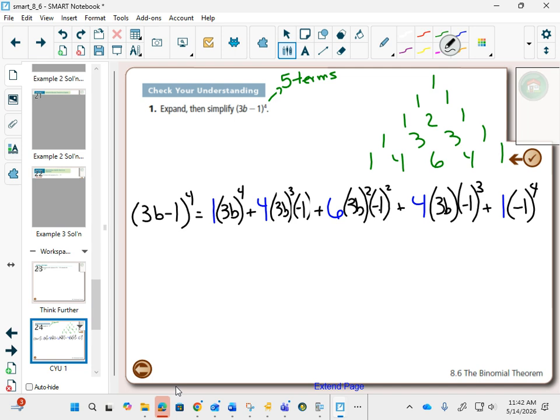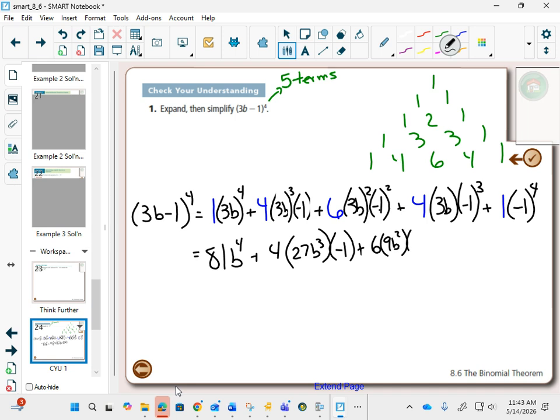This says expand. This is expanding. And it says simplify. So we now have to do our exponent laws. 3 to the power 4, 81. B to the power 4, b to the 4, plus 4 times, I'll just simplify this one. 3 to the power 3, 27b cubed, and then that's still multiplied by negative 1, plus 6 times, if I square that, 9b squared.